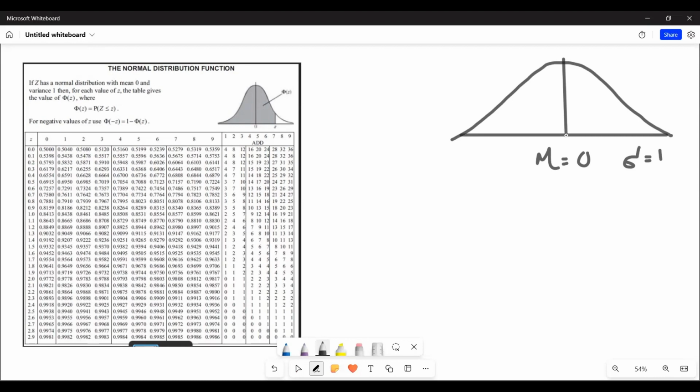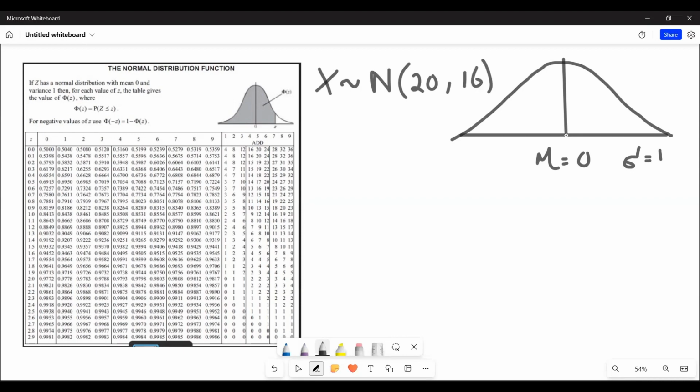Now, what happens if we have such data where the mean is not 0 and the standard deviation is not 1, like in this case? So we have X is normally distributed and the parameters given to us are 20, 16.